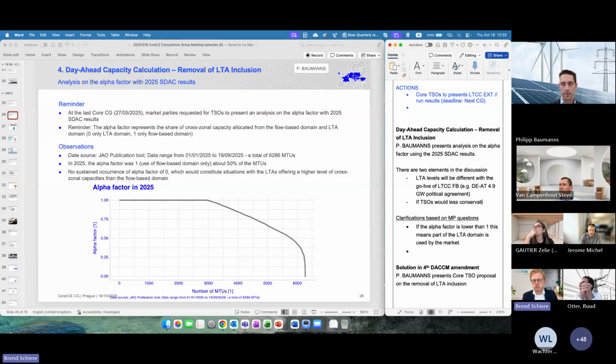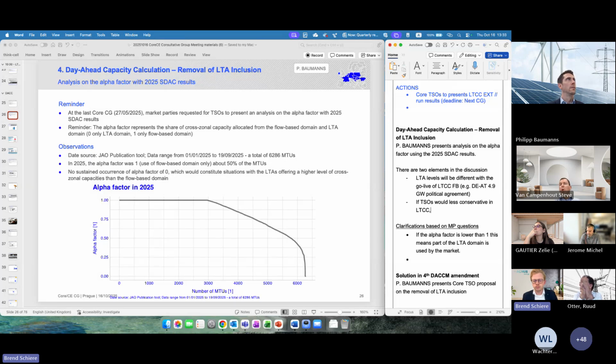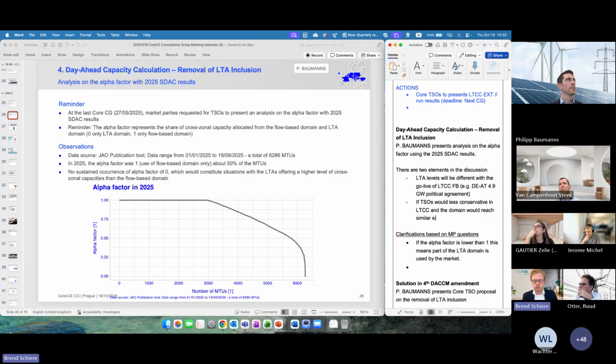That is my anticipation of what would come out of the LTCC capacity calculation. You may have a different perception around that, but for me it is important to acknowledge that the counterfactual will change.